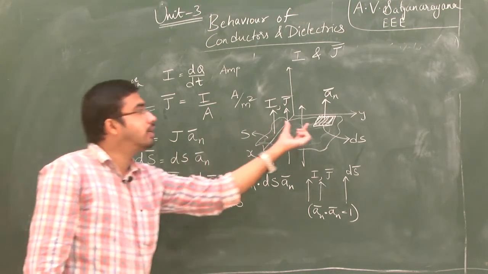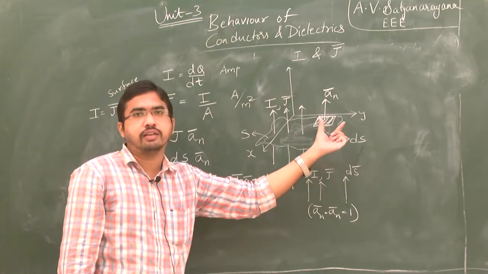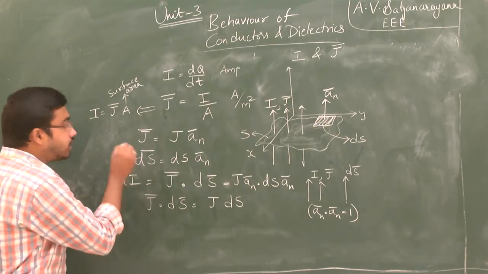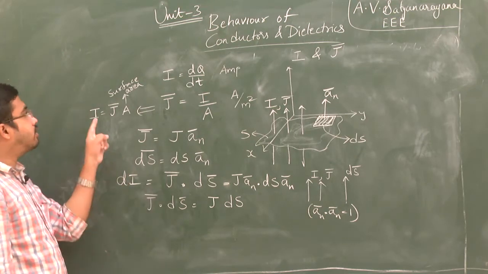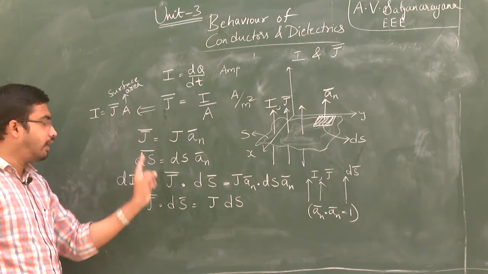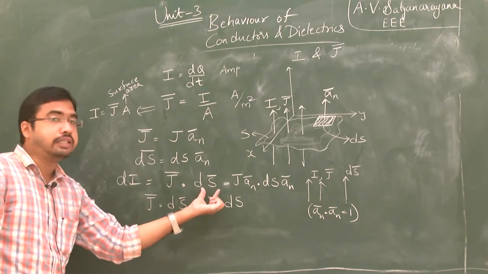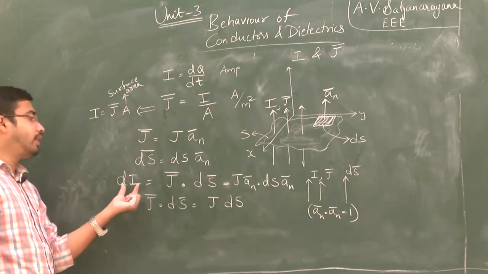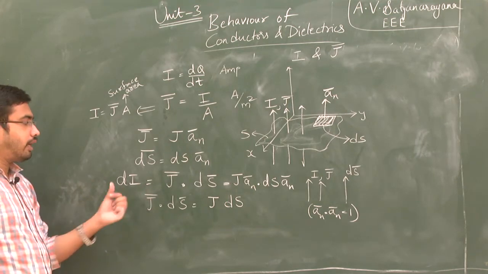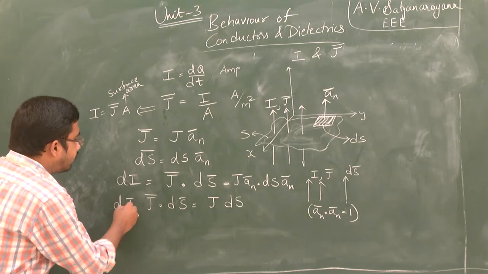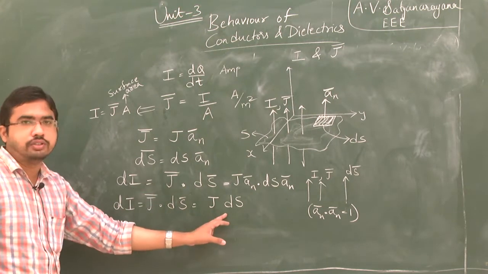But you are considering only a differential surface area. So you will get a differential current dI, because I equals J into surface area, but you are taking differential surface area, so it is a differential current. So dI is equal to J DS.